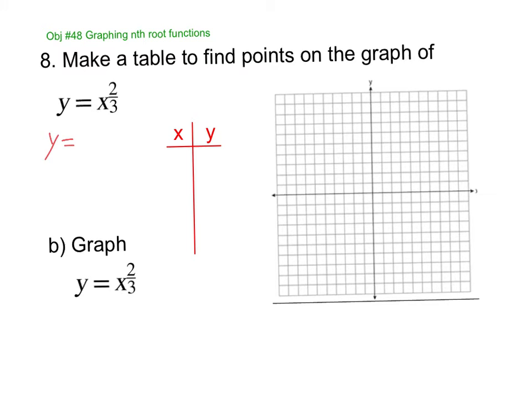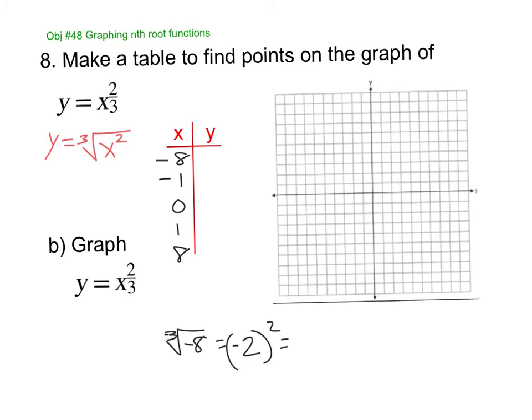Remember, to the 2/3 would be the cubed root of x squared. Since it's a cubed root, we can do those same numbers. What is the cubed root of -8 squared? So remember, the cubed root of -8 is -2, and then we square that and we get 4.